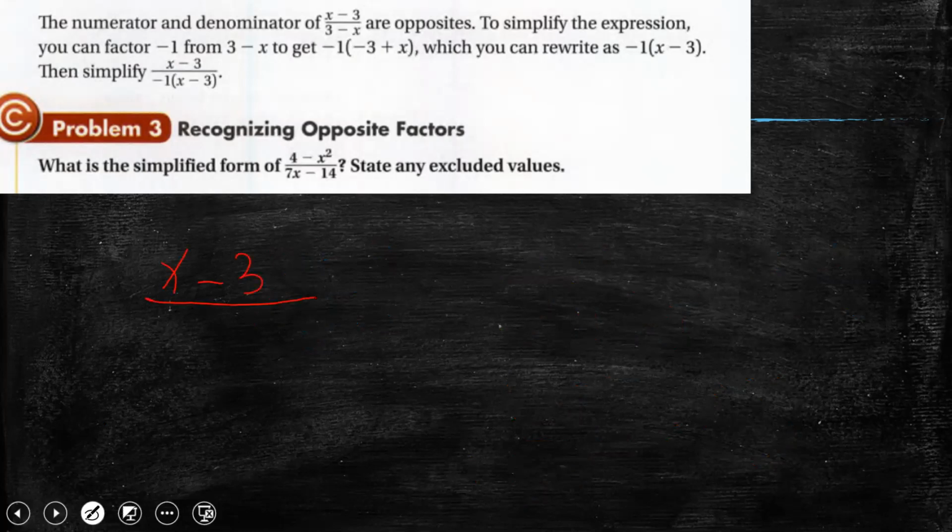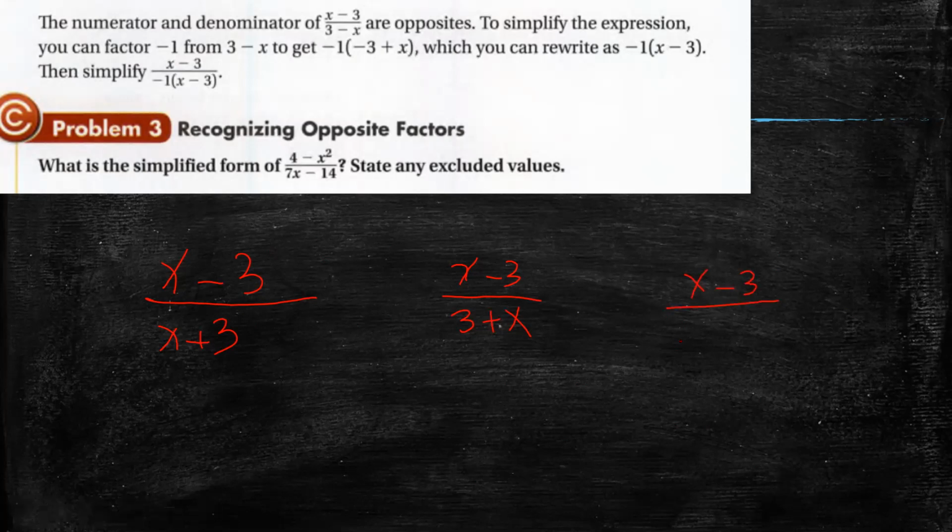If you have (x minus 3) over (x plus 3), if you have (x minus 3) over (3 plus x), if you have (x minus 3) over (negative x minus 3), and if you have (x minus 3) over (negative x plus 3).